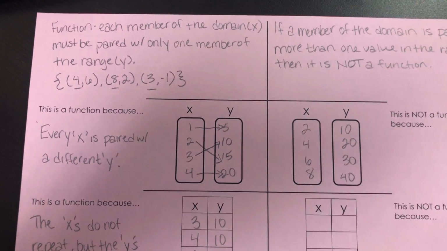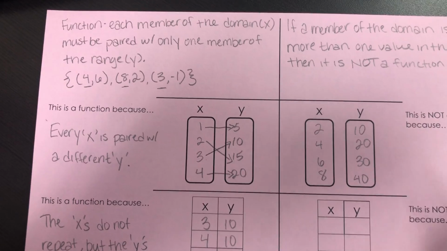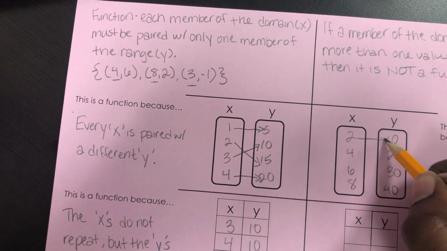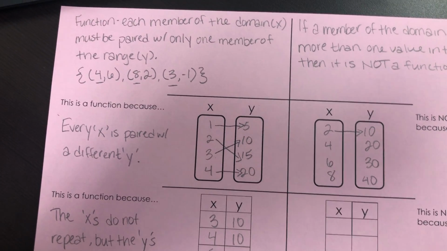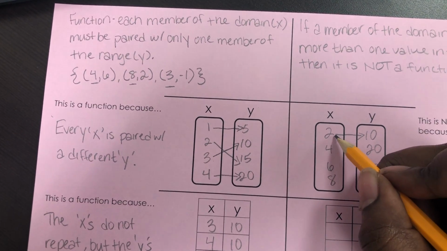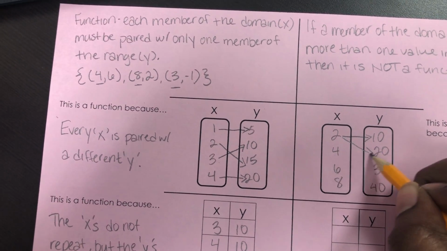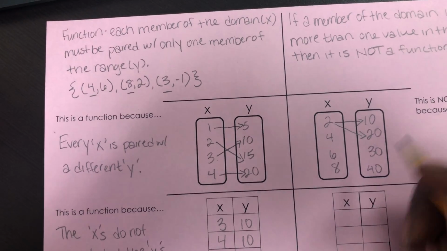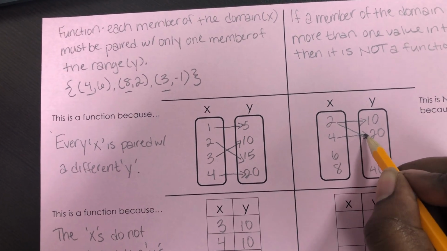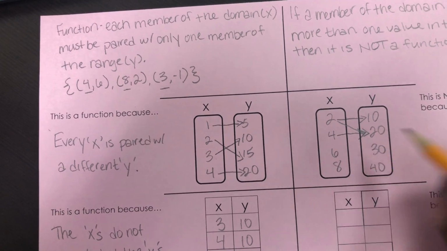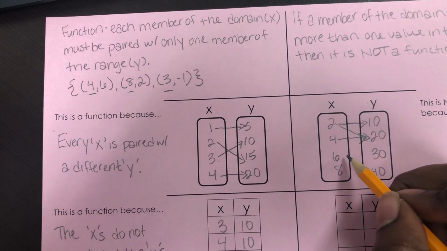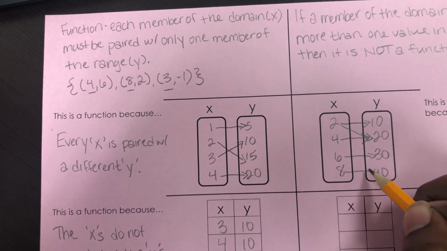All right, so let's say we've got the 2 trying to go to the 10. Let's say we've got the 2 also trying to go to the 20. This 4 trying to go to that 20 as well. 6 go to the 30, and 8 go to the 40.